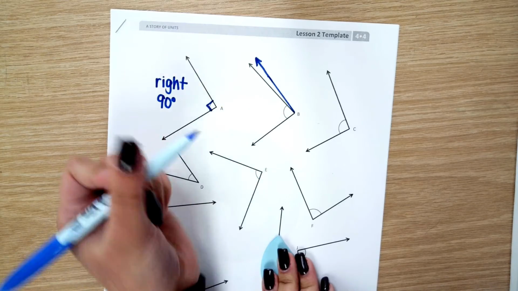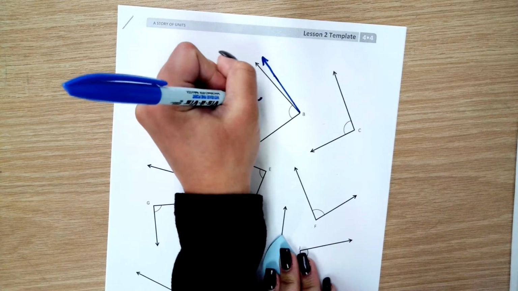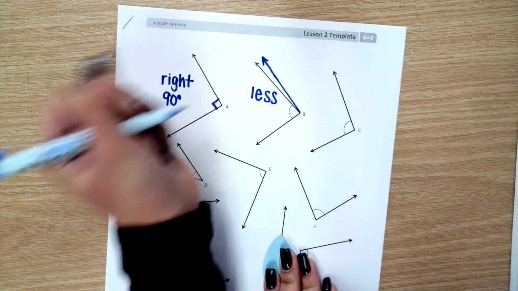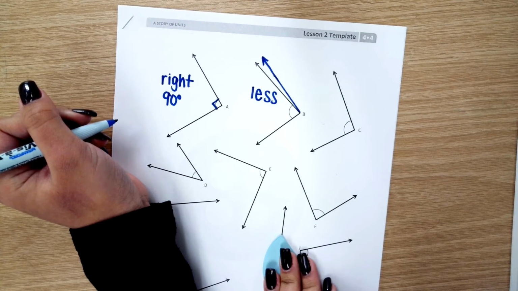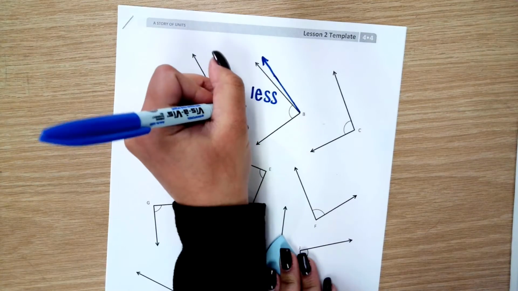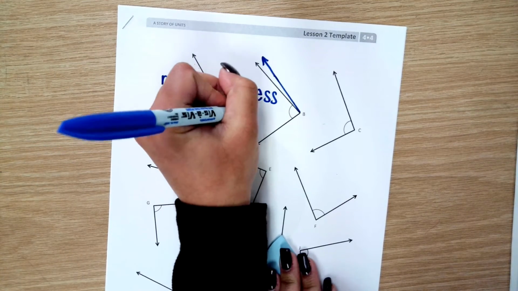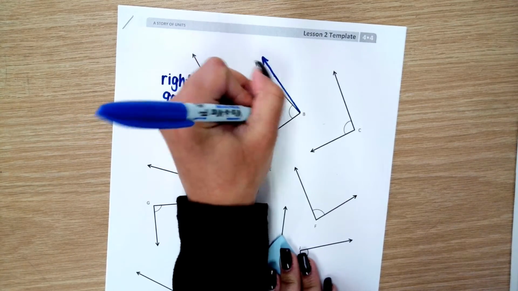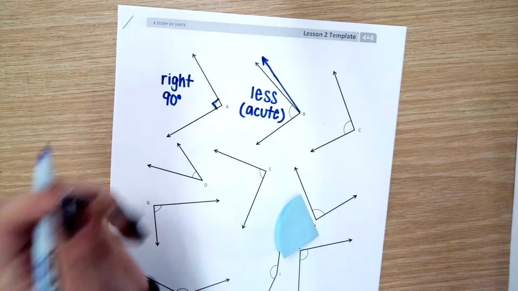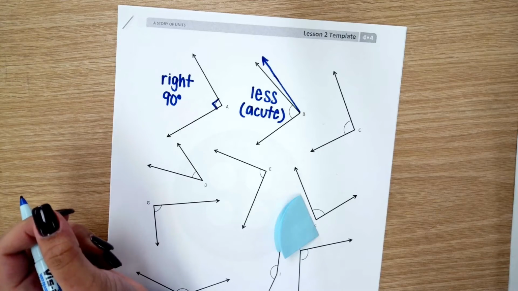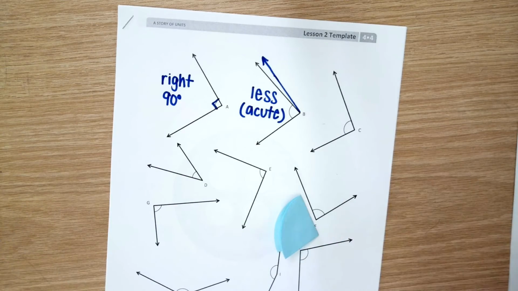So I am going to go ahead and say that this is less than a right angle. It is less than 90 degrees. We'll get into this vocabulary a little bit more later, but because of that, this would be determined to be acute. I'm just trying to figure out if it's less than or greater than 90 degrees, but fun fact, the terminology for that would be acute.